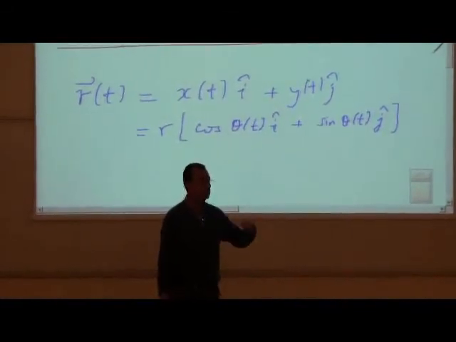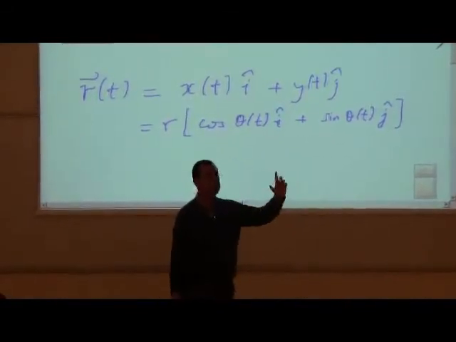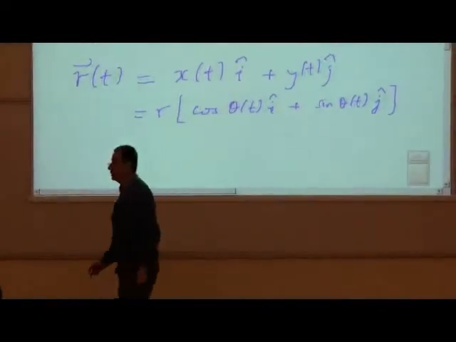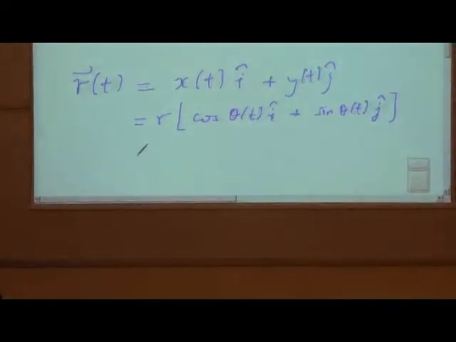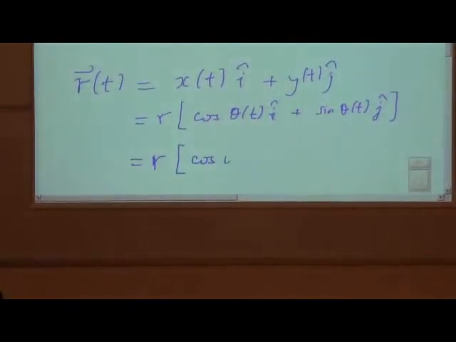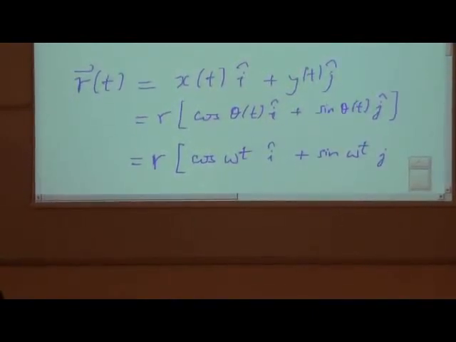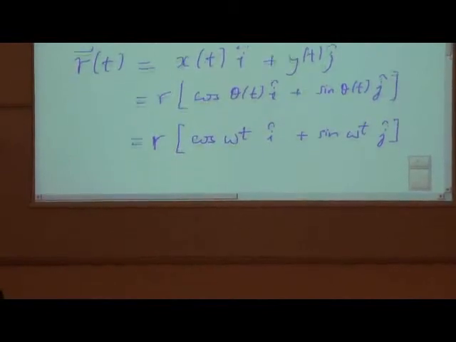It's r times the cosine of theta, right? And what's y? Y is r times sine theta.